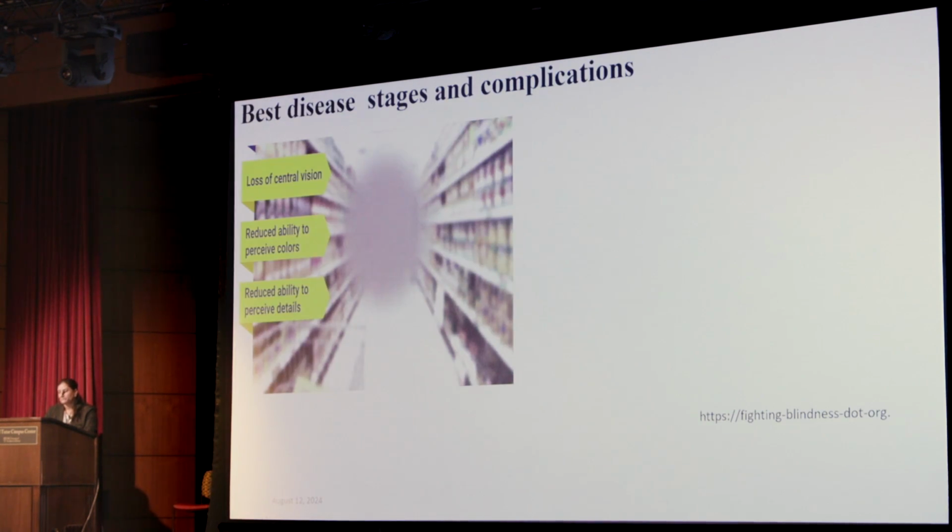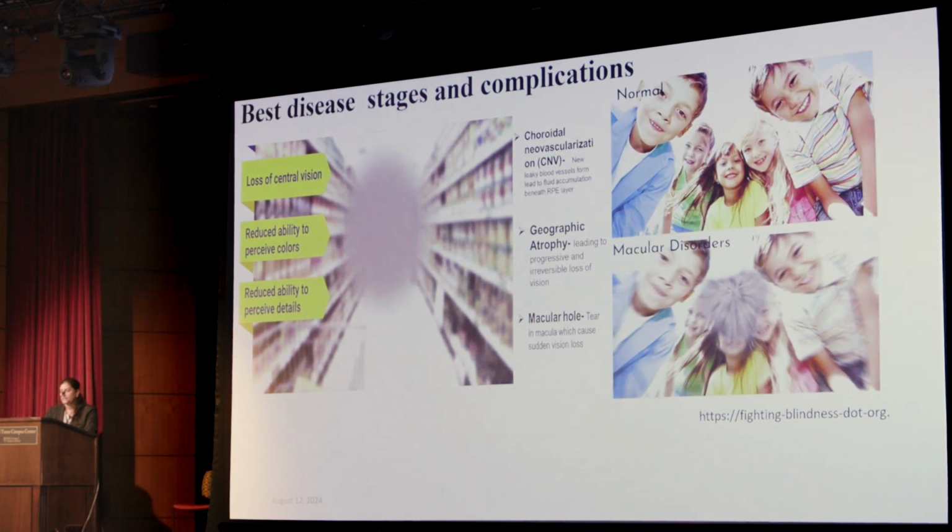RPE layer. There are a lot of complications of this disease as it's a macular disease, and the macula is responsible for central vision. We see that with this disease, central vision is lost. It mostly affects the macula, which is rich in cones, so it's also very difficult to see color, and it reduces the ability of a patient to perceive colors and details.